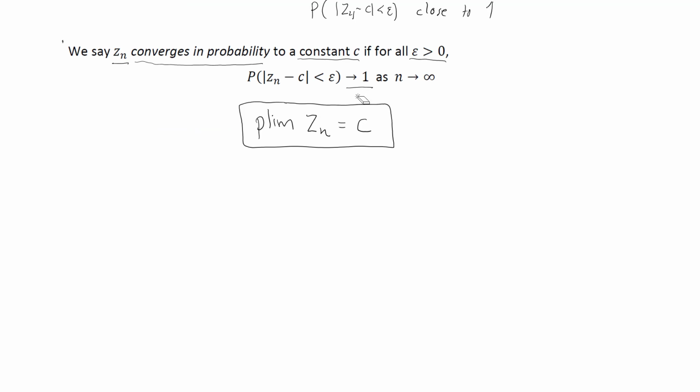So to check if a sequence of random variables converges in probability to a constant, we need to evaluate this probability and check if this converges to 1 as n goes to infinity. The bad news is that this probability is very often quite difficult to evaluate. The good news is that we have a very nice result to check for convergence in probability.